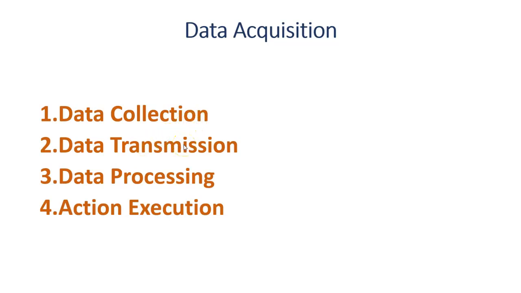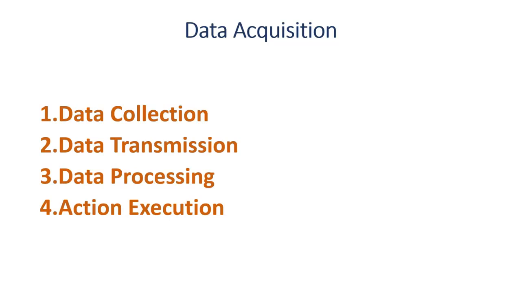One is data collection. The sensors are the starting point of any IoT or robotic system. They collect real-time data from the environment such as temperature, humidity, gas levels and light.